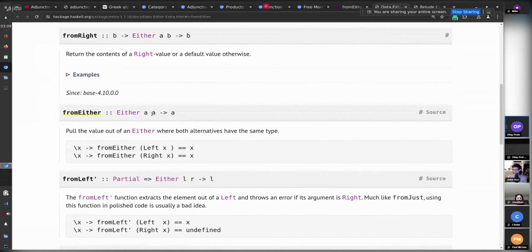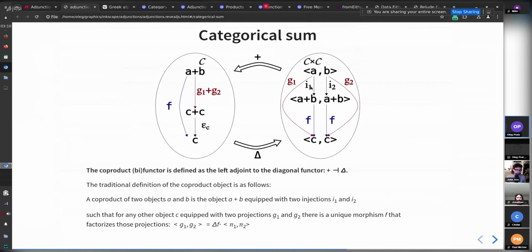Okay, we just have the counit here. Yeah, and I1 is the left constructor, and I2 is the right constructor. And by the way, the function that maps G1 and G2 to F is called either in Haskell, so lowercase either.